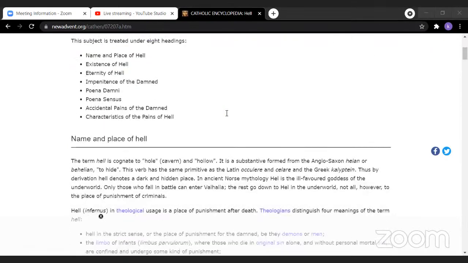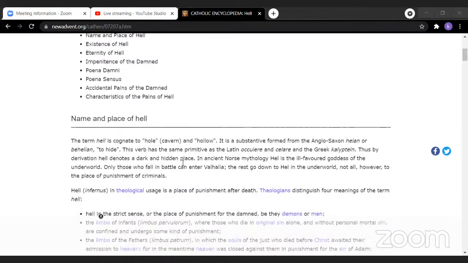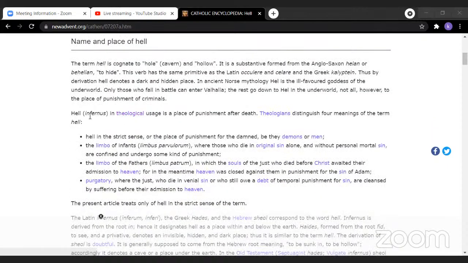Okay, so we went through all of this. Hell is a cognitive hole, cavern, hollow. Okay, hell, infernus, in theology. Usage is a place of punishment after death. Theologians distinguish four meanings of the term hell. Hell in the strict sense, or the place of punishment for the damned, be they demons or men.